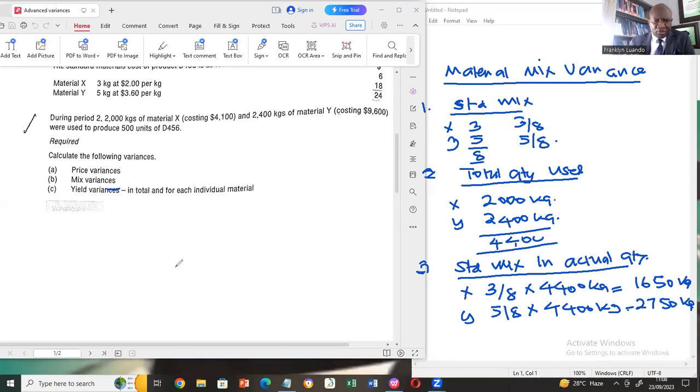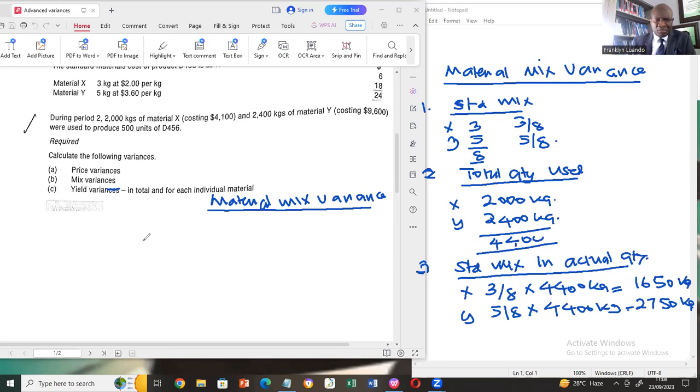We have the table, material mix variance.